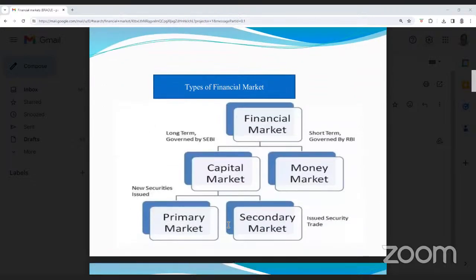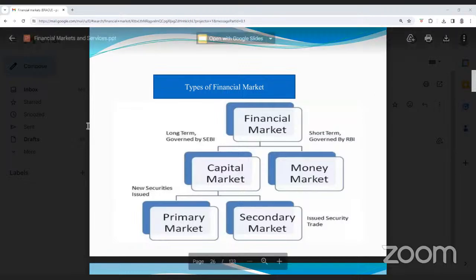Now, types of financial markets. Do you have this? Types of financial market. Financial market is classified into two. One is the capital market, the other one is the money market.